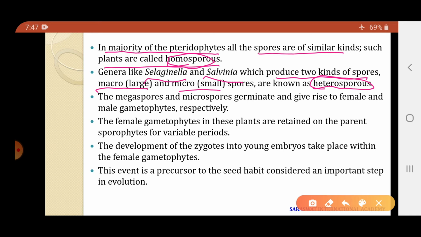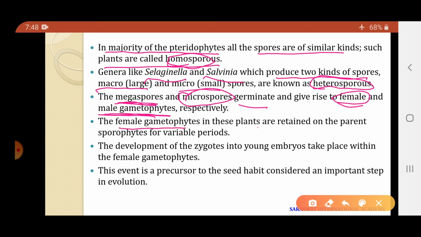So in such pteridophytes, जब मेगास्पोर का जर्मिनेशन होता है, then it gives rise to the female gametophyte, and when microspores germinate they develop the male gametophyte. Students, very very important, listen very carefully. Those pteridophytes which are heterosporous, that is which produce two different kinds of spores, in them the microspores germination result in the formation of the male gametophyte, and megaspores germination results into the formation of the female gametophyte.